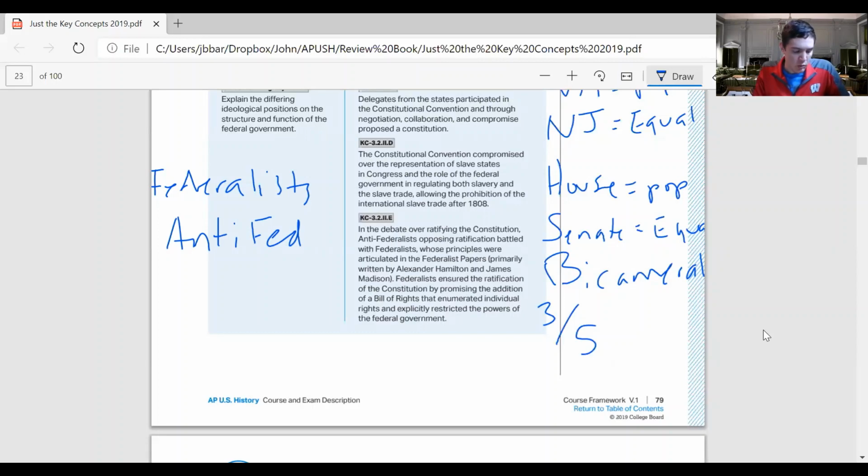They want to oppose the Constitution. And so a big reason why the Anti-Federalists oppose the Constitution is because there is no Bill of Rights in the Constitution. They say there's nothing in the Constitution that protects people's individual rights, things that would have come out of the Enlightenment.